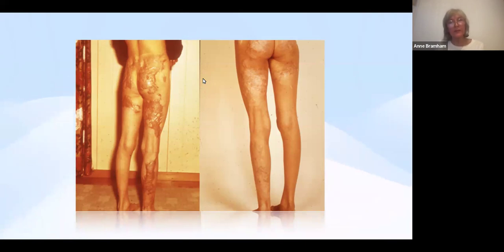So that kind of had me fascinated, because up until this point, I had been utilizing really trigger point therapy based on the work of Janet Travell, and also traditional massage techniques, neuromuscular work. And so this was sort of a revelation that this kind of thing could be treated by touch therapy.